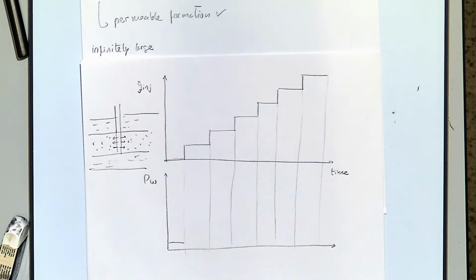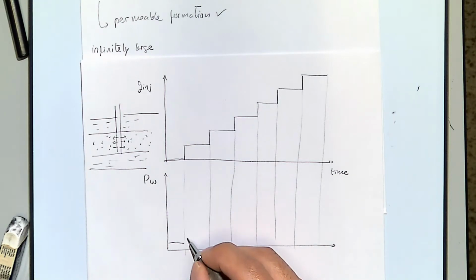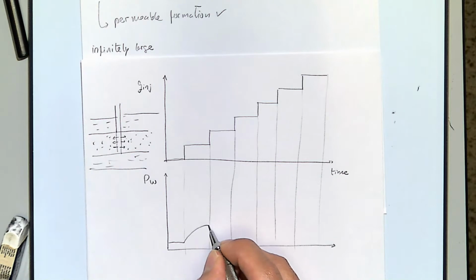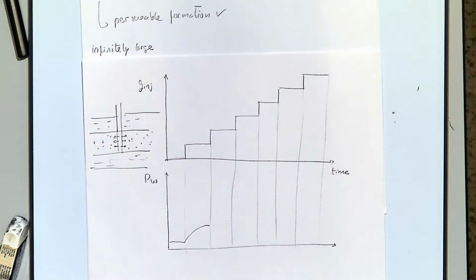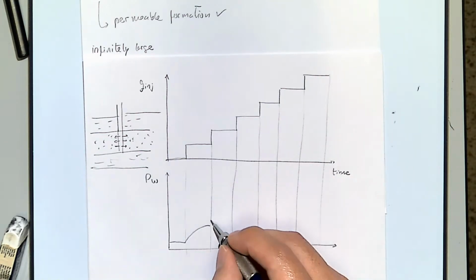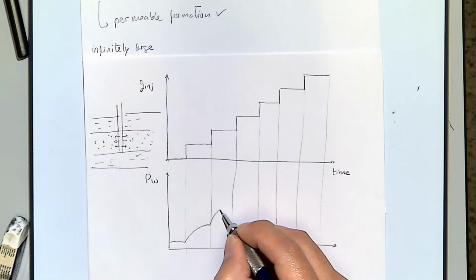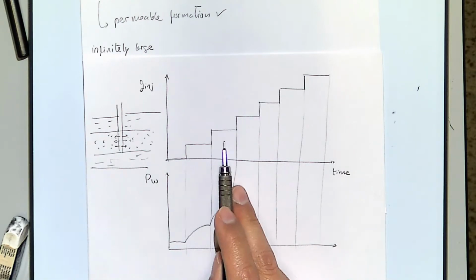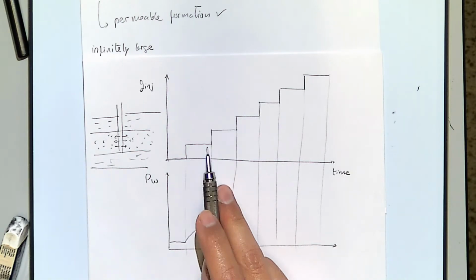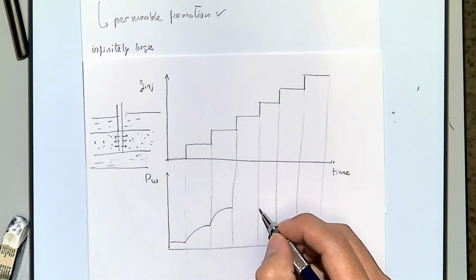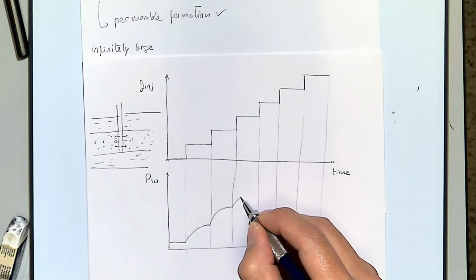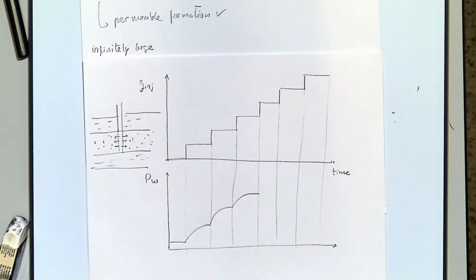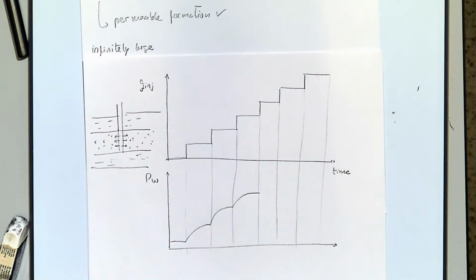So your pressure will increase, but will not increase very quickly. It's going to take some time till you reach steady state. You increase the injection rate again, then the pressure is going to increase till it reaches more or less a steady state point. That's the point at which you want to increase your injection rate again, and so on. But do you think this behavior is going to continue forever?